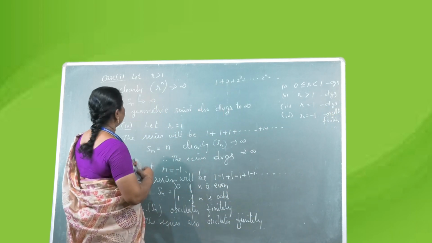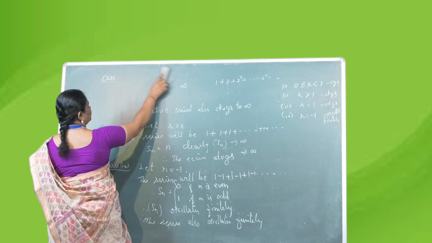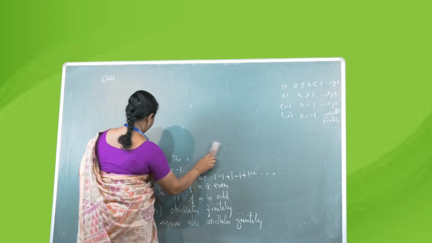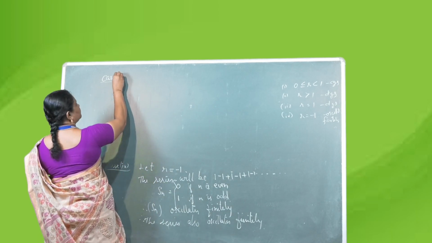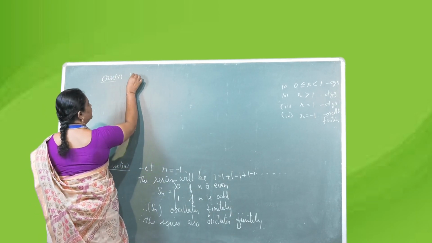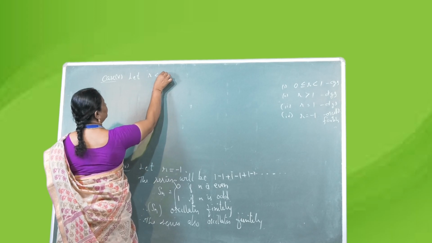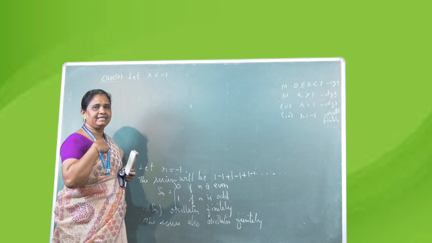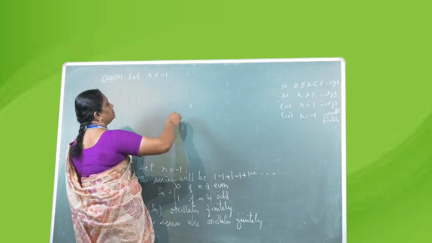And the last case, case 5, let r be less than -1. When r value is less than -1, what will be the series?